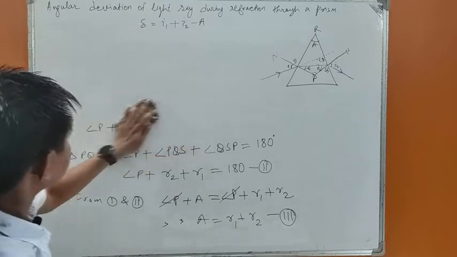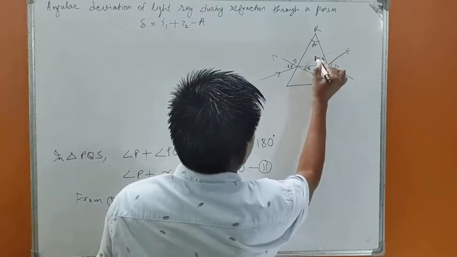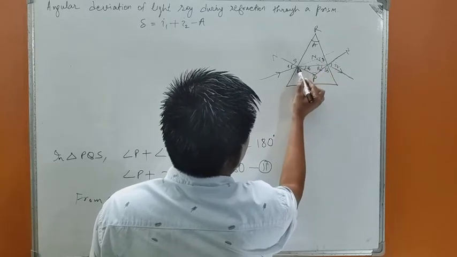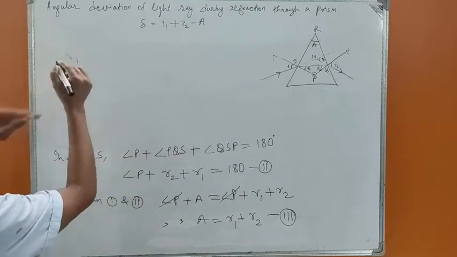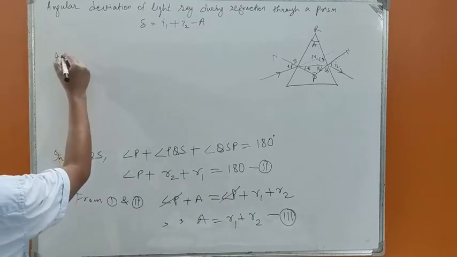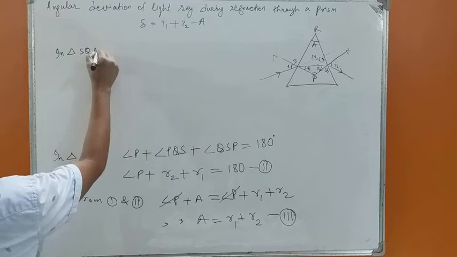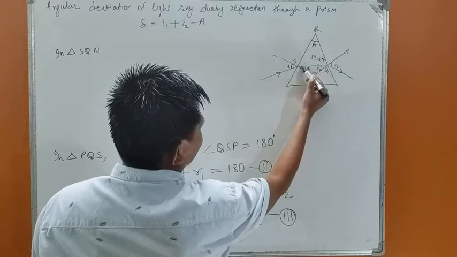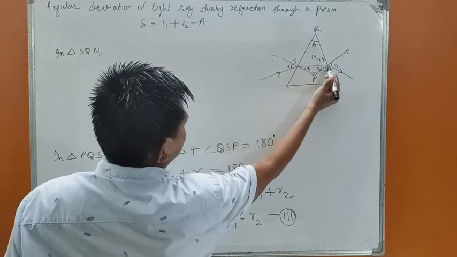Now suppose this is N, okay. In triangle SQN, SQN means the upper angle, the smaller one. Angle NSQ means this angle, isn't it?